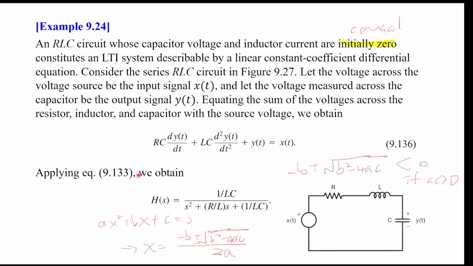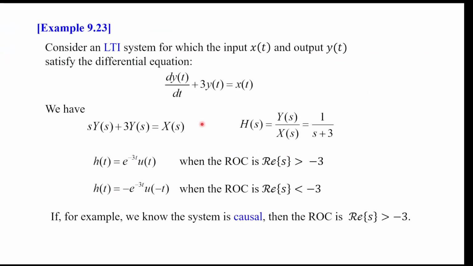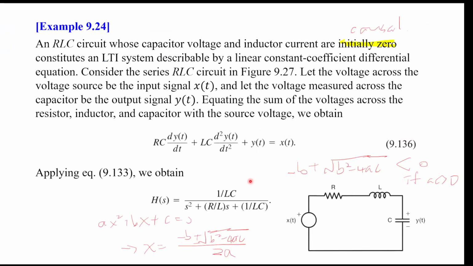Anyway, you see that if you do the physics correctly, you get this constant coefficient linear differential equation between y(t) and x(t). Then we use our equation 9.133, and that's this equation. Then we just read it through here.